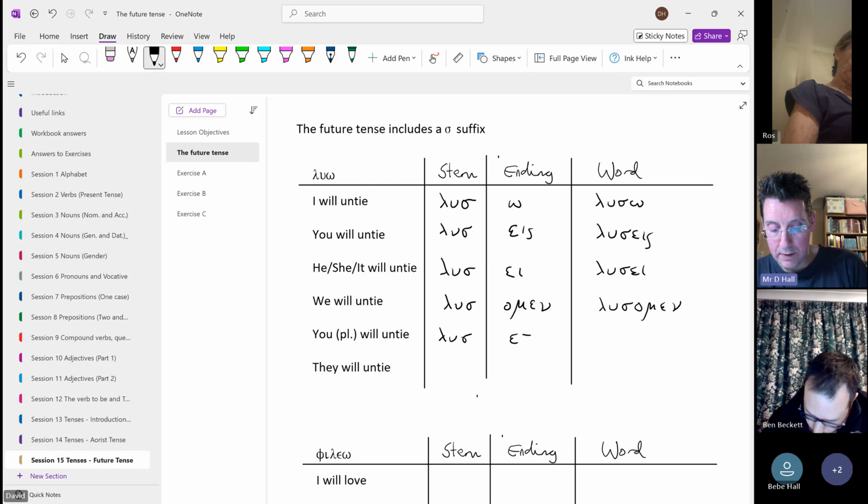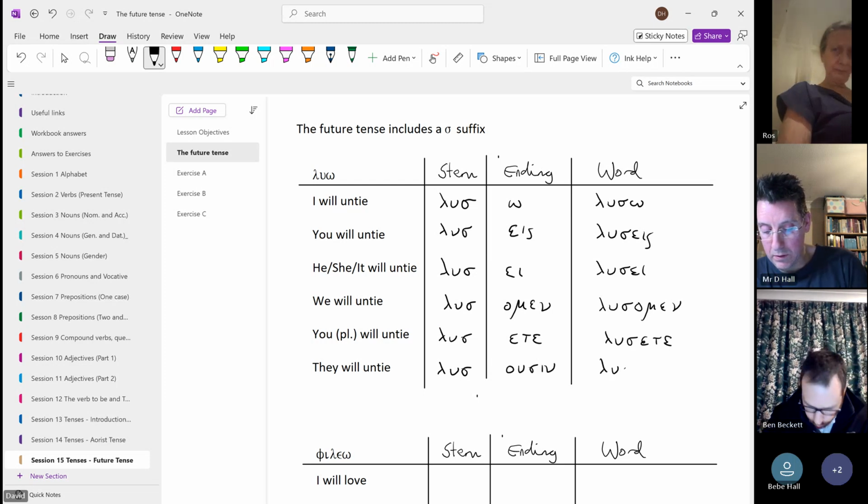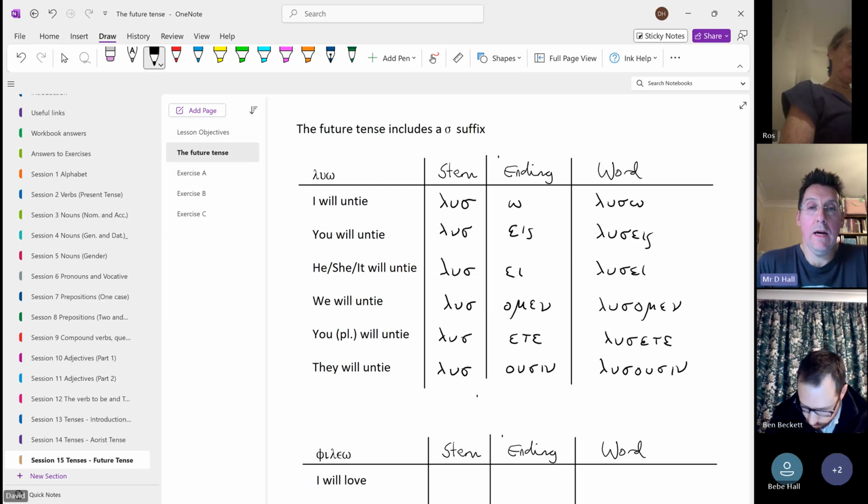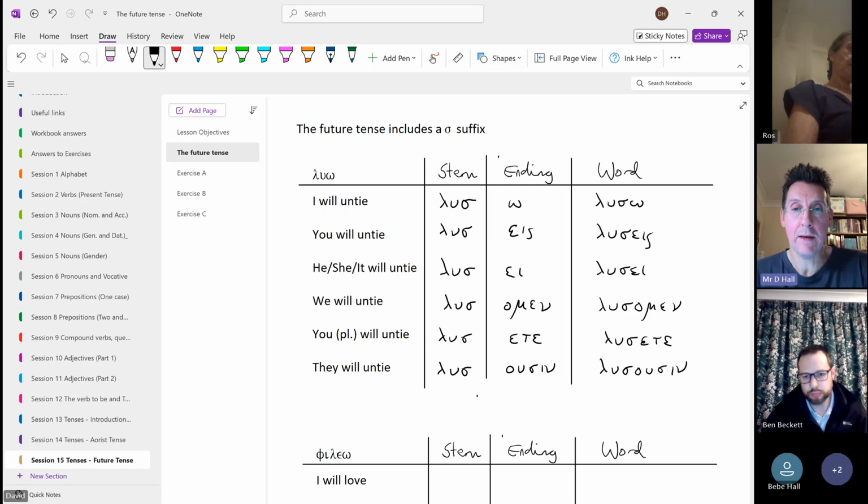And lusete. And then we have lusousin. So that should be a little bit more straightforward. We're just going to add a sigma to our stem, and that's fine, okay.